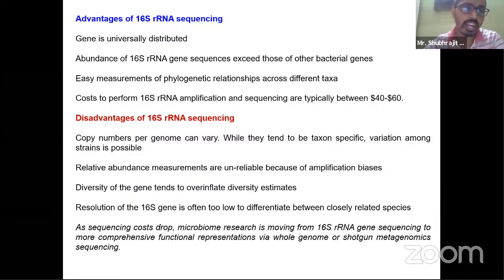And of course, there are disadvantages also. Because of the high copy number variations, we might end up identifying a bacterial strain as a different species, or get ambiguous genetic structures. Also, the relative abundance cannot be estimated, because 16S rRNA sequencing is based on amplification, and a typical eukaryote cell can yield up to 6 picograms of DNA from one cell.